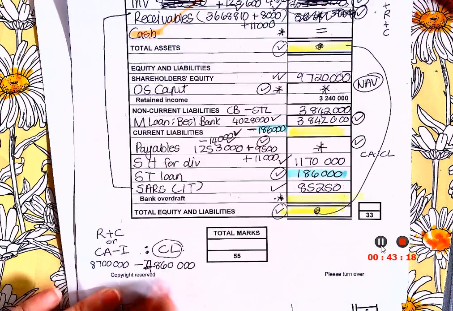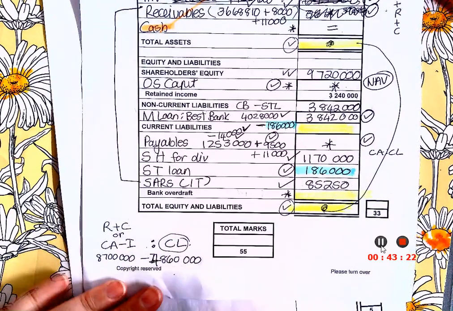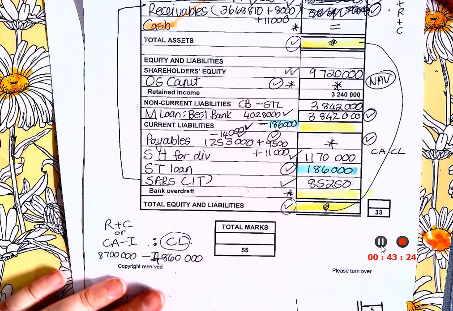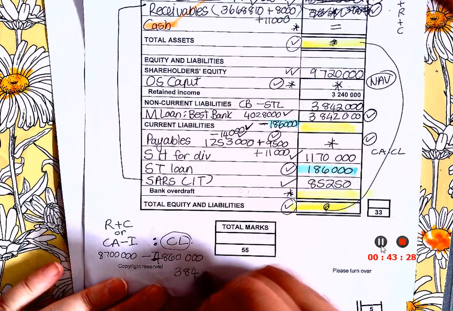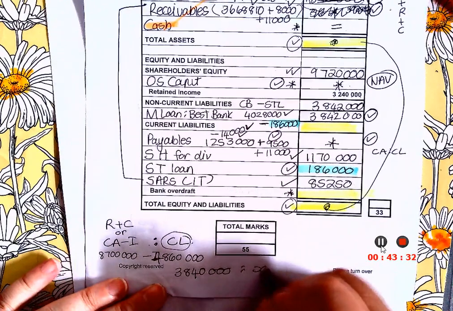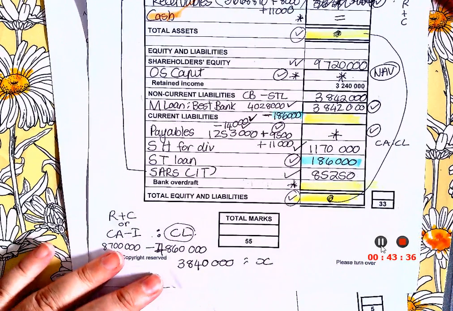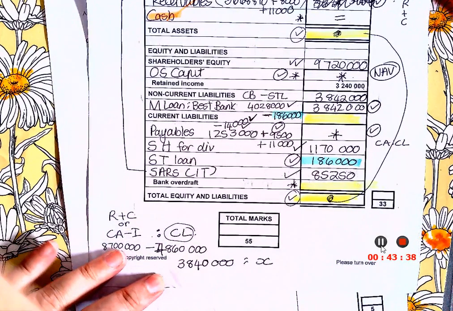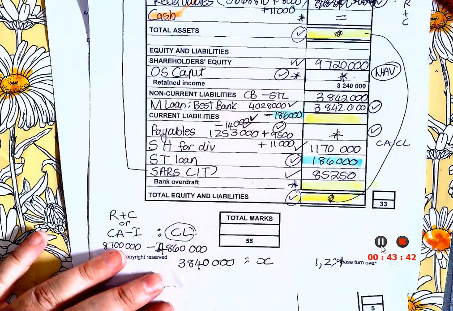Okay, now, what is my liquid asset now? 38, 40? Okay, to current liabilities, which is X. Now they tell me that my acid test ratio is 1.2 to 1, right?